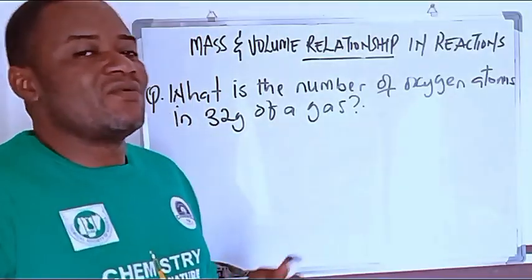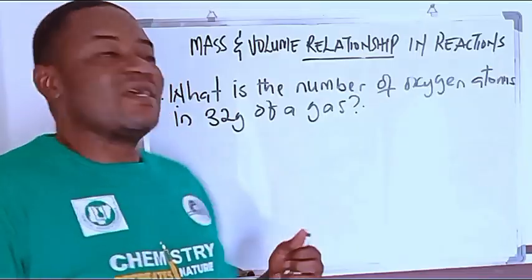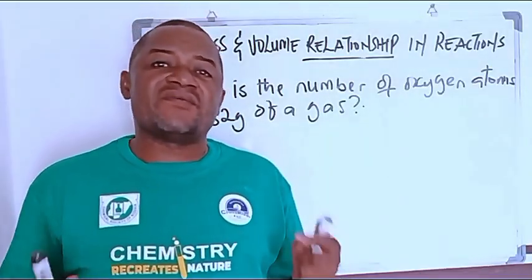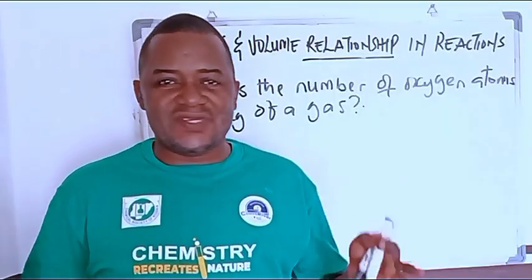For liquids, the particles are a bit mobile. And for gases, the particles are very, very free in nature, striking with themselves and also with the walls of the container.